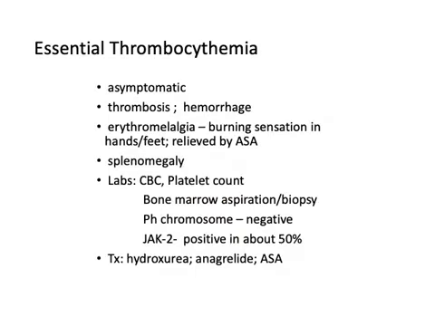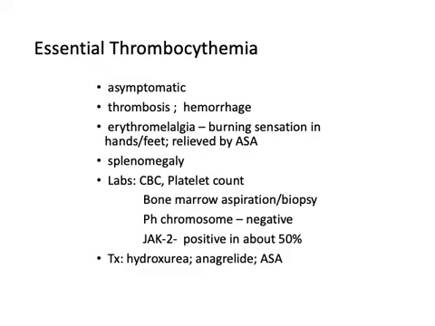Most patients are asymptomatic, but some patients may have a major thrombotic event or even hemorrhage when the platelet count is greater than 1,500. One characteristic complaint is erythromelalgia, which is a burning sensation in hands and feet, often relieved by aspirin.